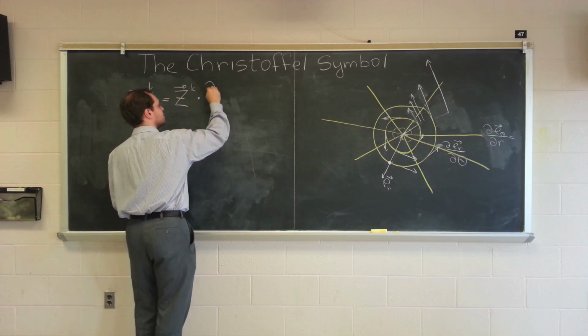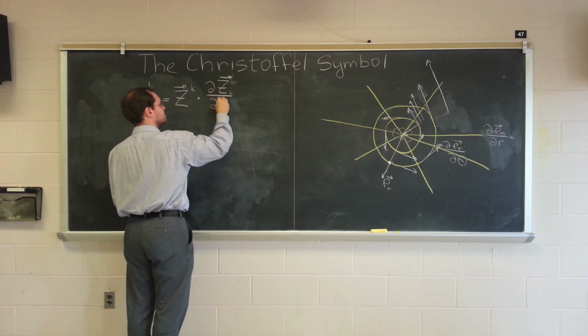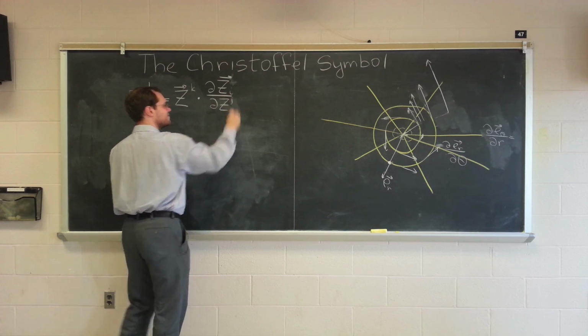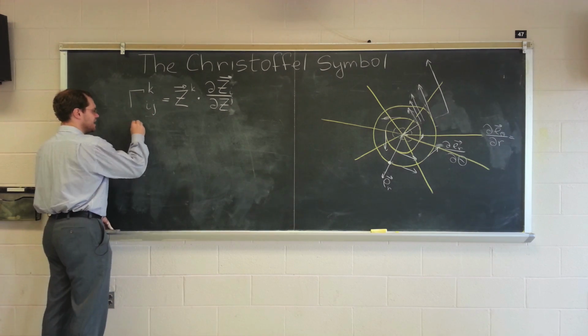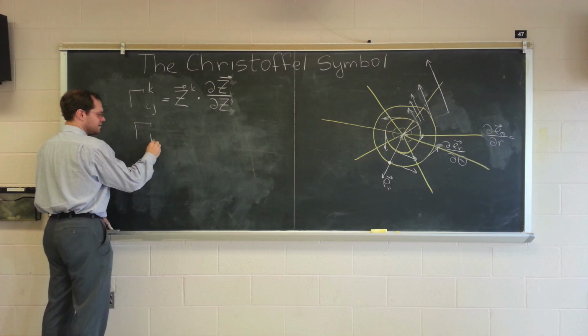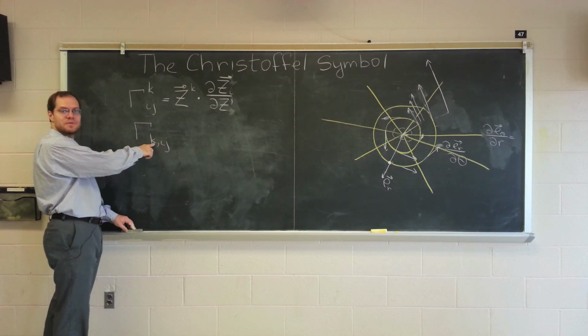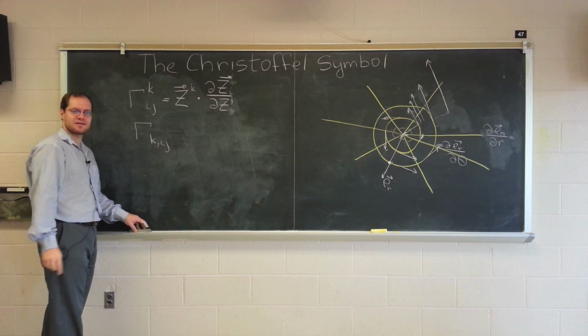dz^i, dz^j. Then we lower the indices on both sides. It becomes gamma k, i comma j. So I put a comma just to remind myself that that's my convention, that this special index is first, and the other two are second and third.